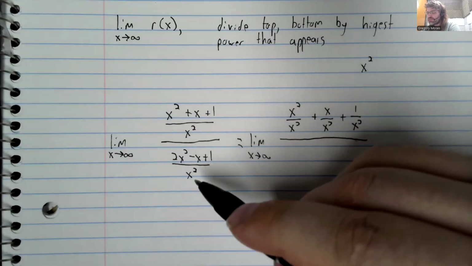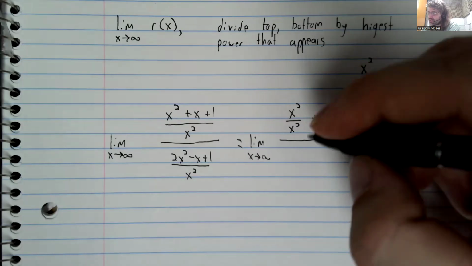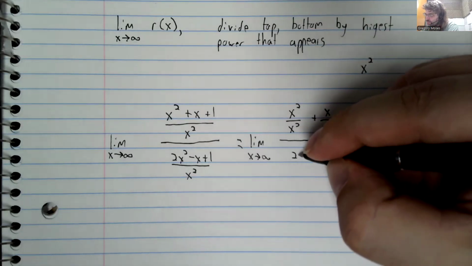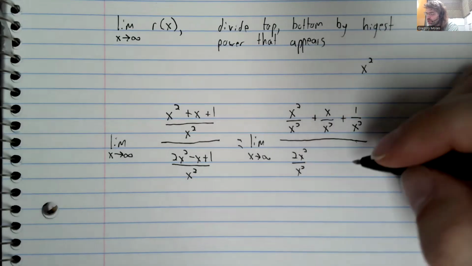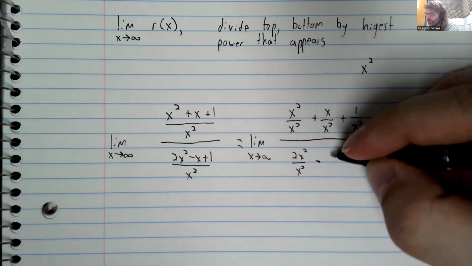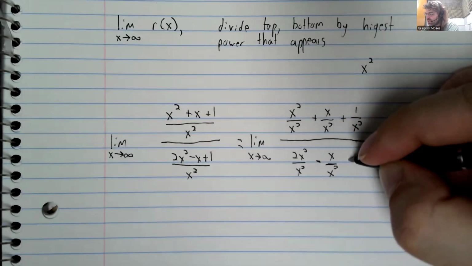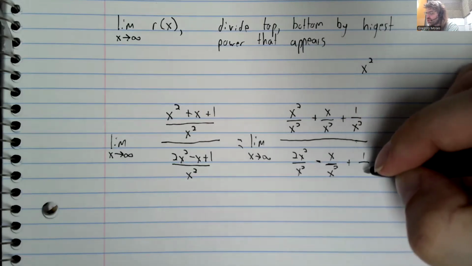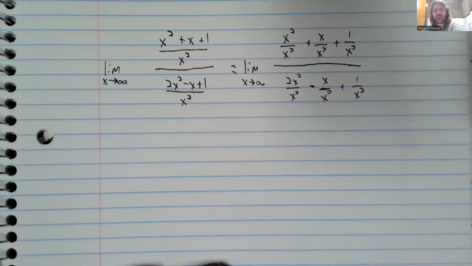Down here, we have 2x squared minus x plus 1 over x squared. 2x squared over x squared minus x over x squared plus 1 over x squared.